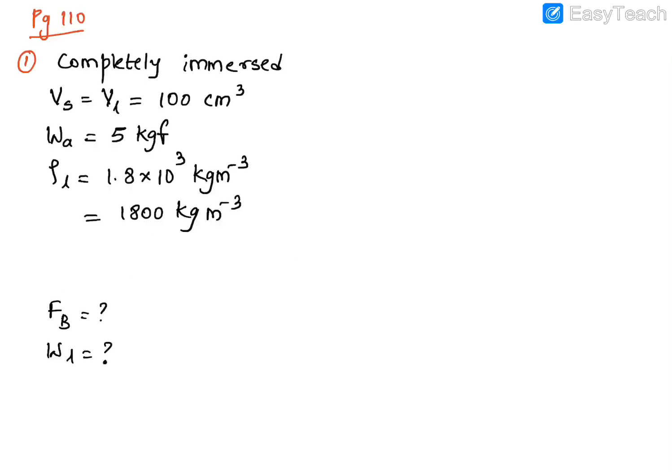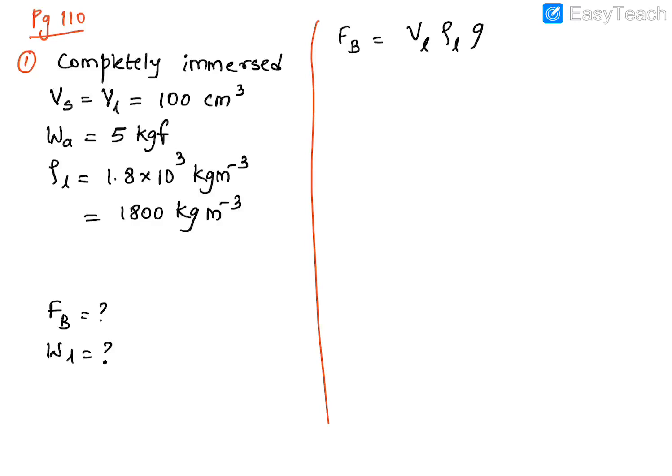So what do we need to find, guys? First, we need to calculate the upthrust. How do we find the upthrust? We'll use the formula: upthrust is equal to V rho G, volume of liquid, density of liquid, and gravity.